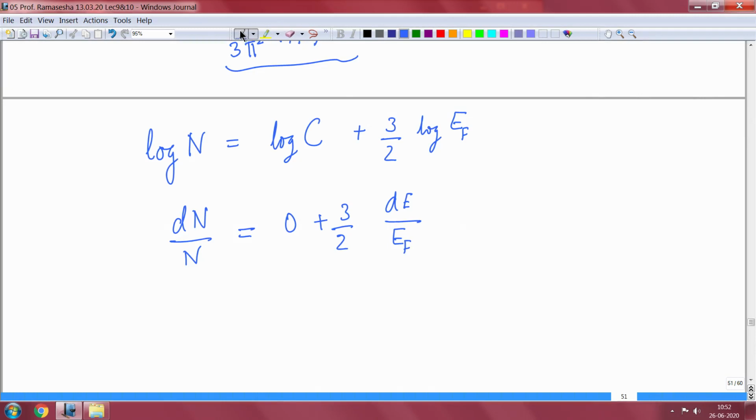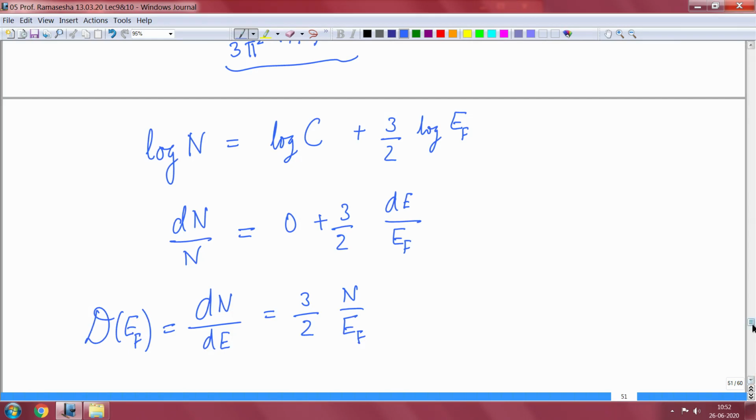Because of this I can write down dn by dE is equal to 3 by 2 n by Ef, and this is nothing but the density of states at the Fermi level. So, a very simple expression for the density of states at the Fermi level.